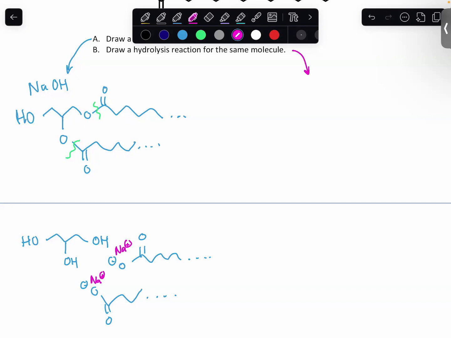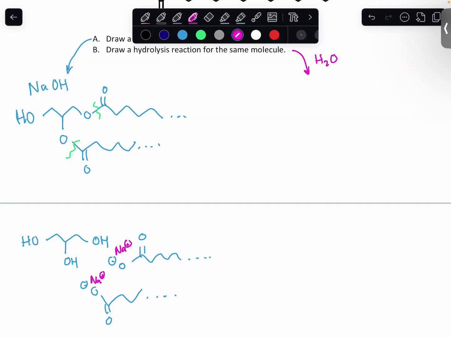What's the difference for a hydrolysis reaction? Adding water. We're going to use water instead of NaOH. How is that going to change our final products? Instead of Na, what do we have?